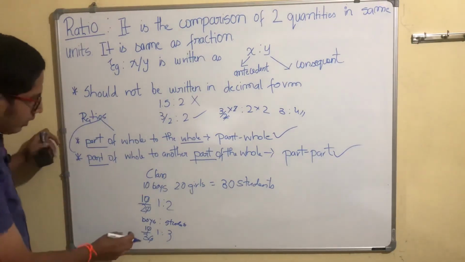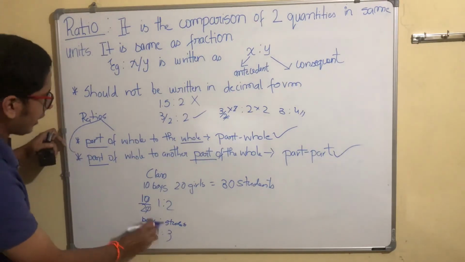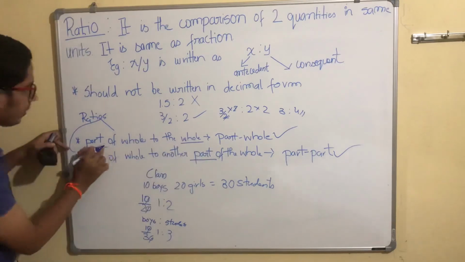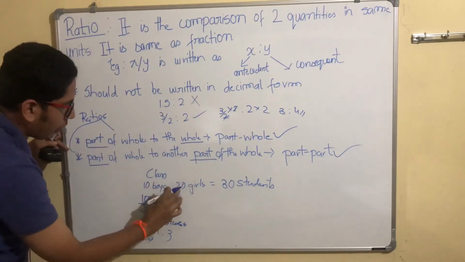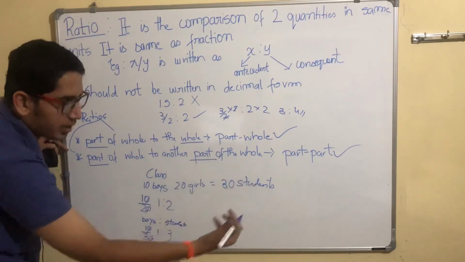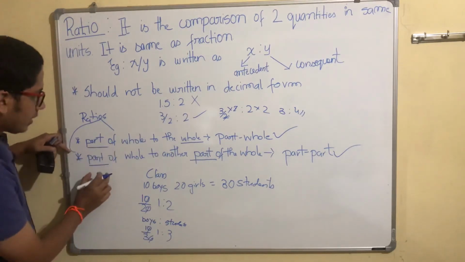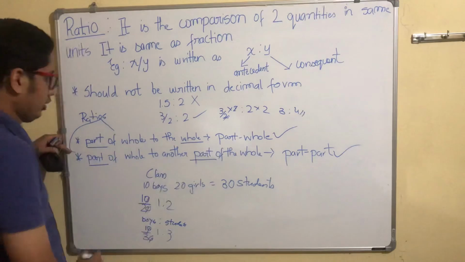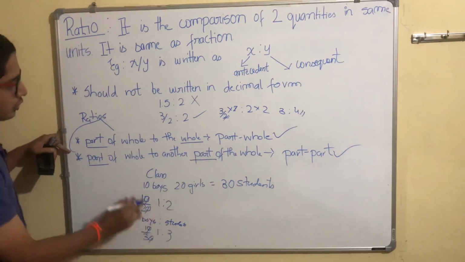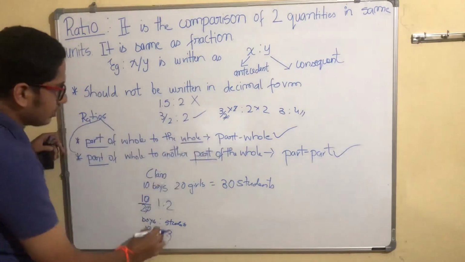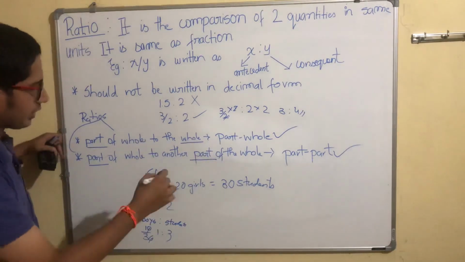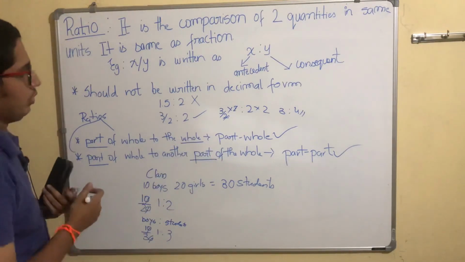Here we compared a part to the whole. Boys and girls are parts which give us the whole, the students. So when we compare boys to girls, it is part to part ratio. When I compare boys to students, we are comparing a part to the whole, so it is known as part to whole ratio. Even if you compare girls to the number of students, it will be part to whole.